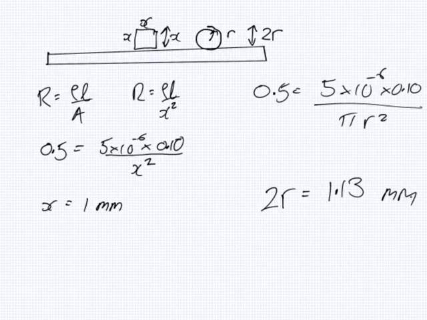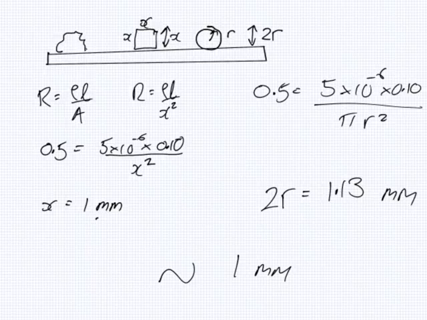So of course it's different, but you still reckon that the answer is on the size of a millimeter. This is the sort of value we're looking at: 1 millimeter, 1.13. It won't be either of these, because in real life it's some shape like this.